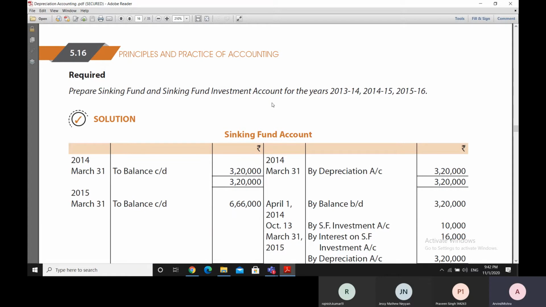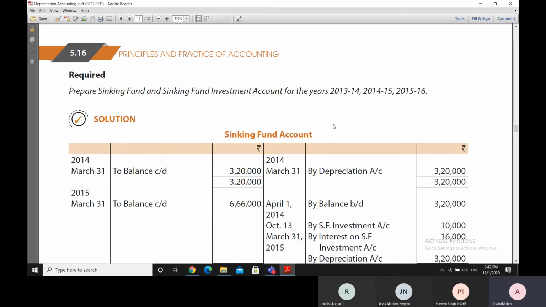In the sinking fund account, on 31st March of 2014, we are taking a contribution from the profit, and what we are doing is that we are crediting the sinking fund account with the contribution from profit of 3,20,000 rupees, and we are debiting the depreciation account by 3,20,000 rupees.